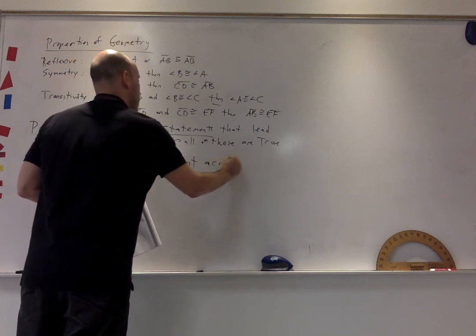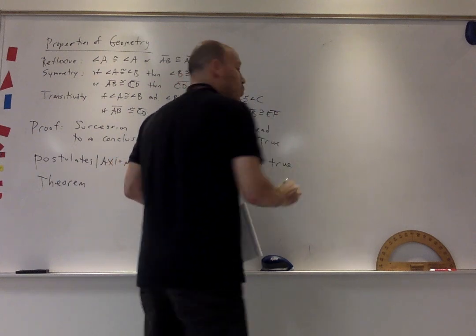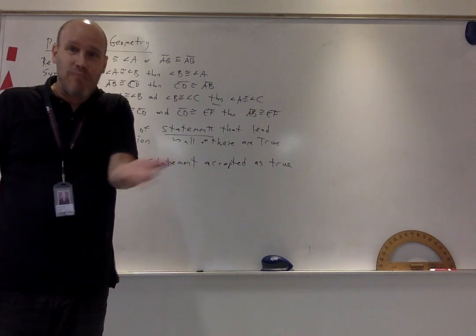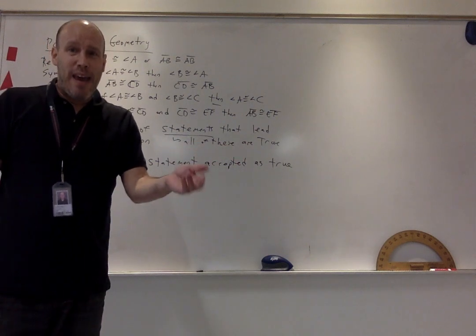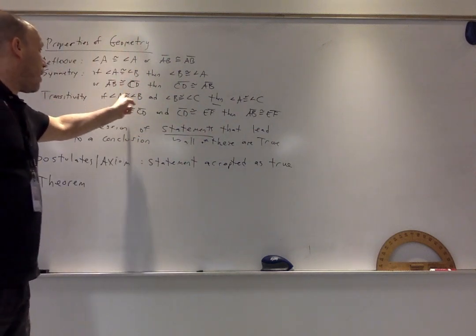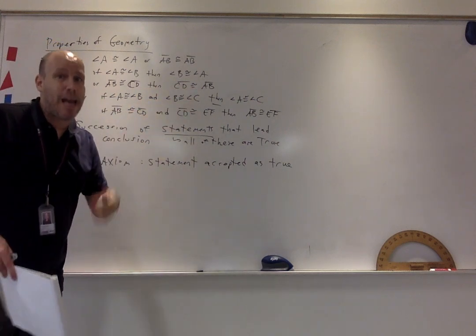We're just accepting it's true. A equals A. If A equals B, then B equals A. And if A implies B and B implies C, then A implies C. We're accepting that as true.